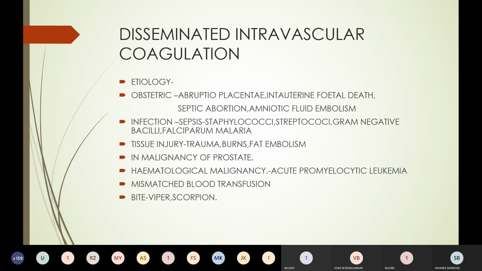Whenever any pregnant female gets some problem, a common problem is that the fetus suddenly stops moving. That is the intrauterine fetal death. Or suppose there is septic abortion. Or suppose the placenta has some problem, abruptio placentae.